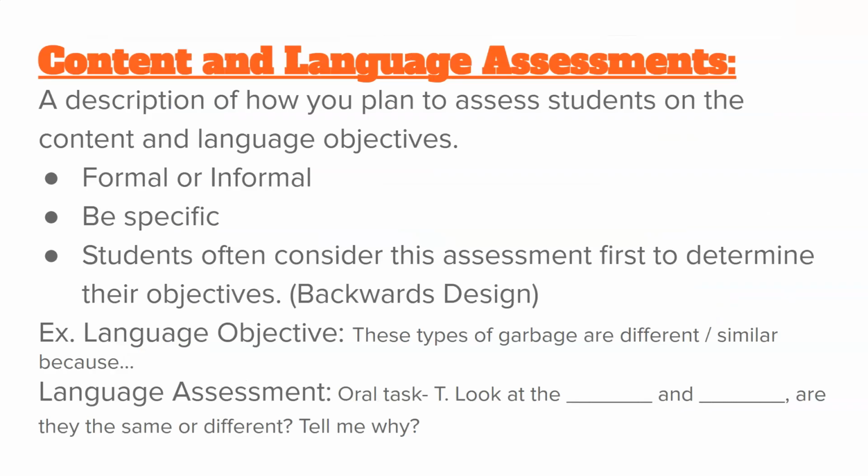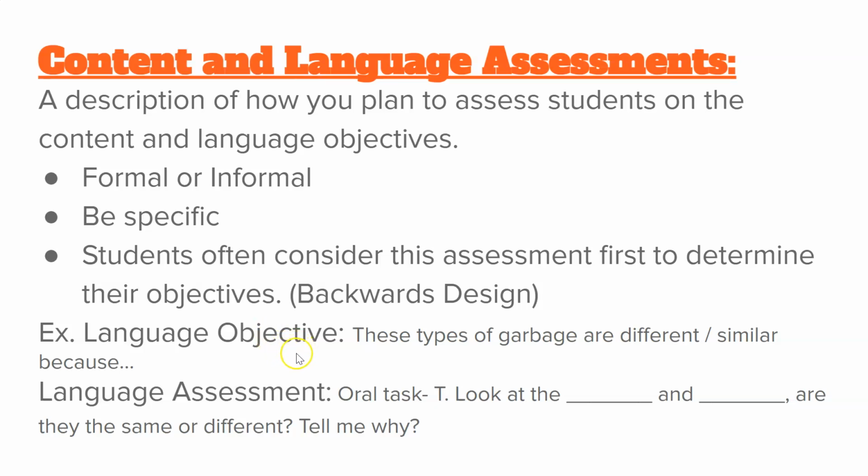Okay. On the lesson plan template, there's also going to be a place for you to think about how you are going to assess these students. How are you going to know that they mastered the content objective? How are you going to know that they mastered the language objective? You have to have a plan for how you are going to assess them.